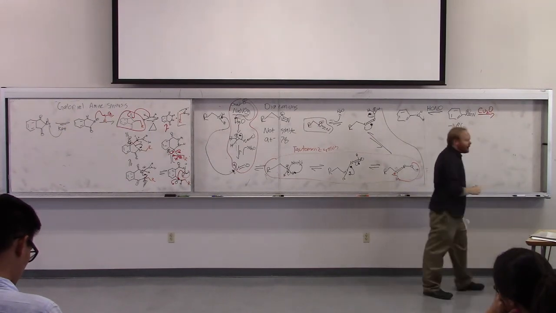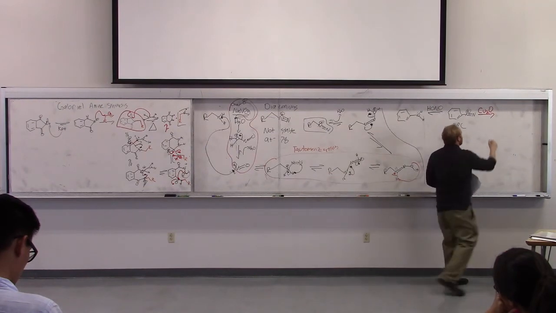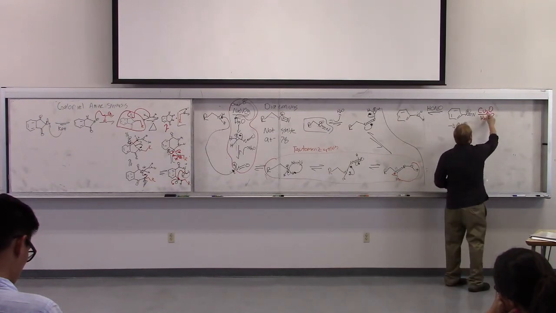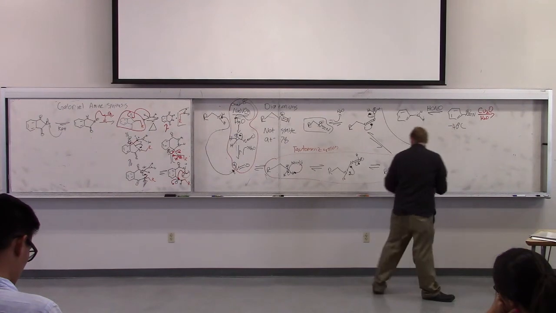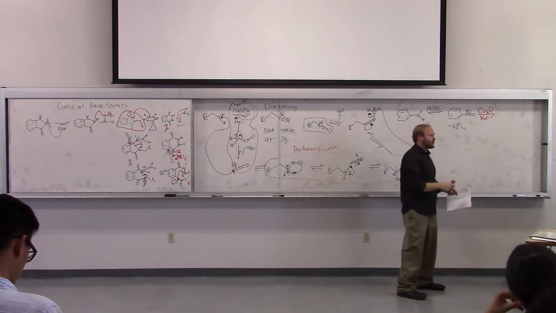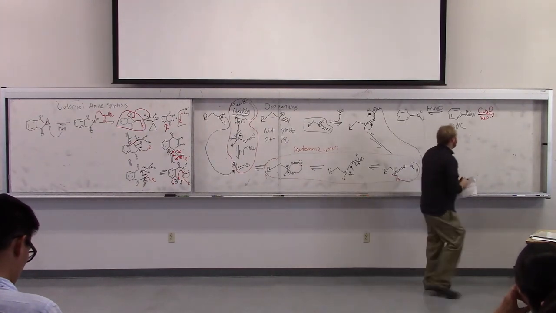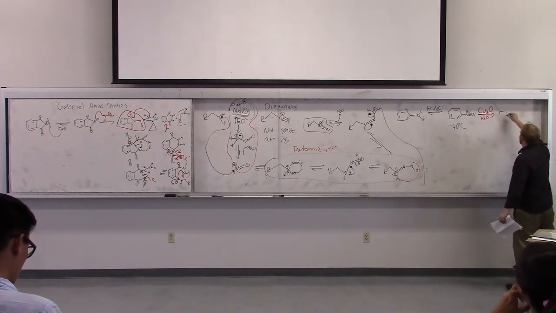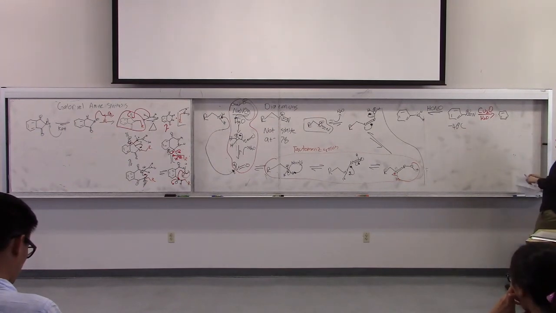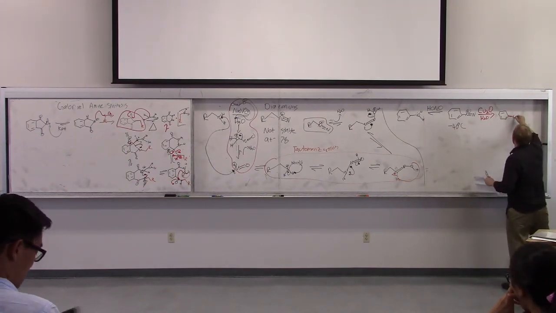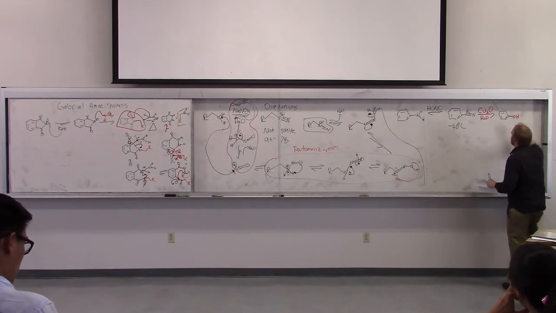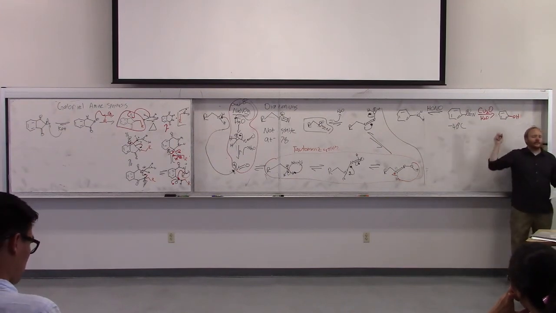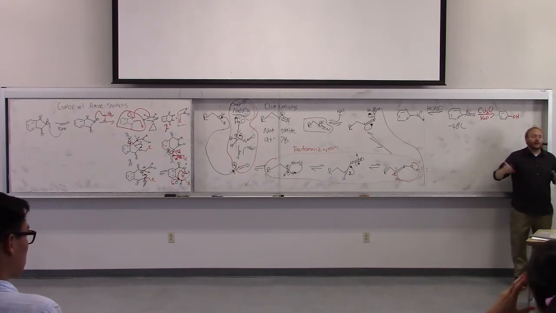For example, if you have copper oxide and water, the mechanism I won't go over, so don't worry about it. But if you have copper oxide and water with your aryl diazonium, the product you will get out will be a phenol. And this is cool because this is the only way I've ever shown you how to make a phenol in this class, right? So now you know how to make phenols.